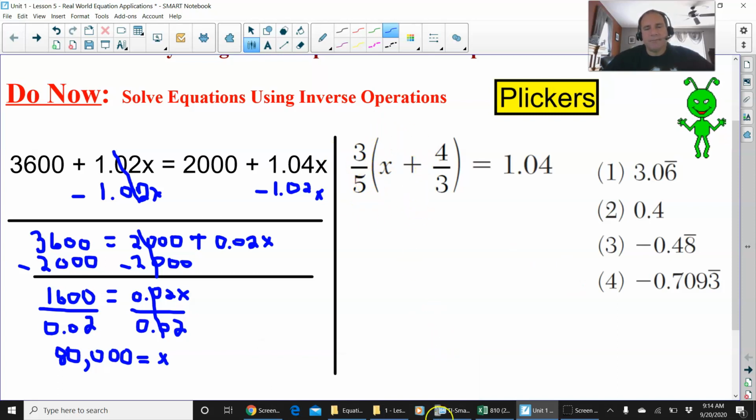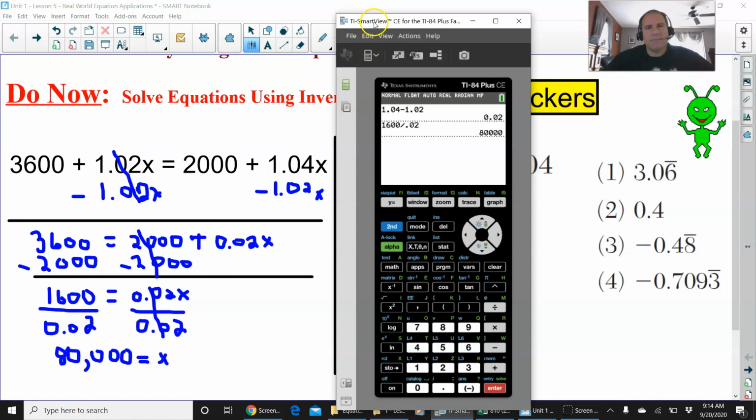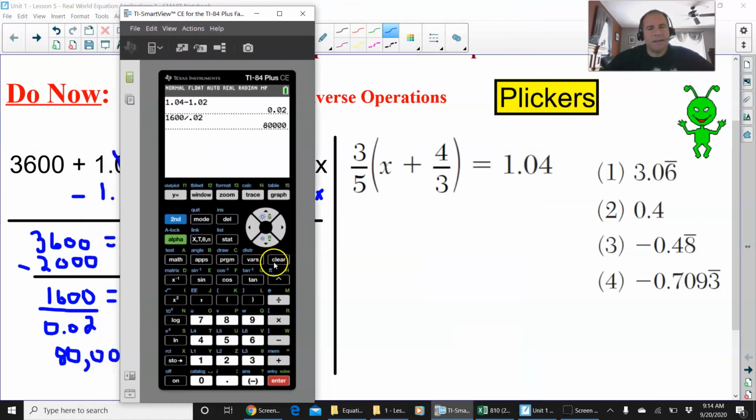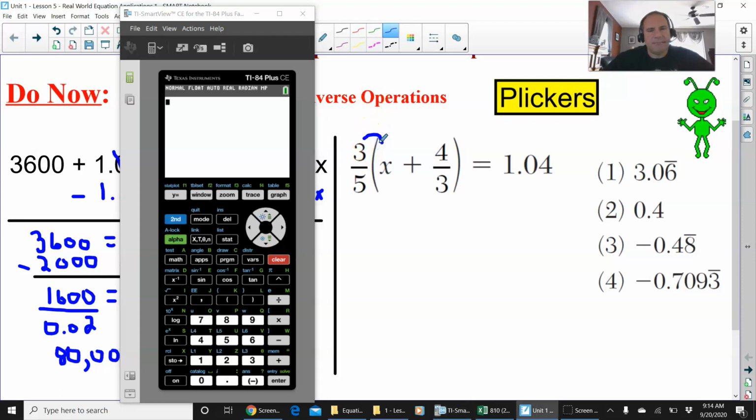Just remember, when you're using your calculator, just get your calculator back up. And so we're talking about using distributive property, right? Now, you could go ahead and remember that obviously 3 over 5x is 3 over 5x, but I just want to show you that the alpha x button will give you the fraction symbol right away. 3 over 5.